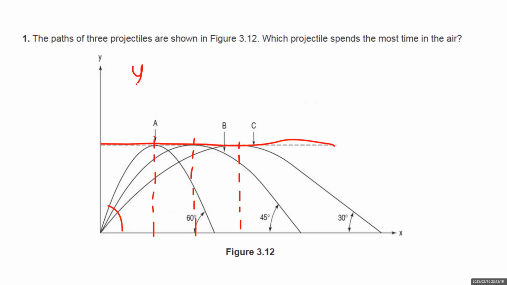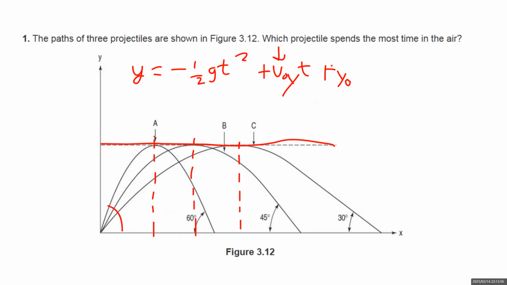So let's look at this. We have y is negative 1/2 gt squared plus v naught y, that's your component, times t plus y naught. V naught y is your v naught sine theta.